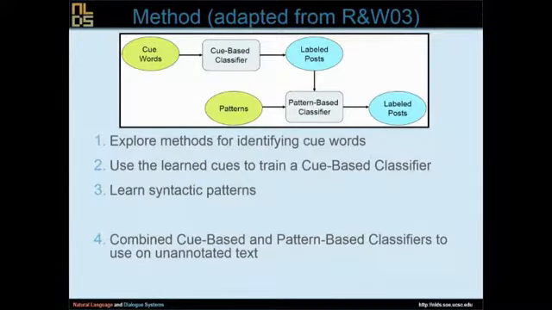So this is their method in summary. They first developed cues. In their original task, I'll point out, it's a task looking at detecting subjectivity versus objectivity in a monologic domain. So the first thing they do is develop cues for identifying subjectivity. They use these learned cues to train a cue-based classifier.